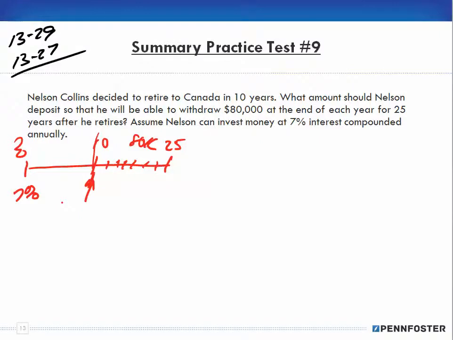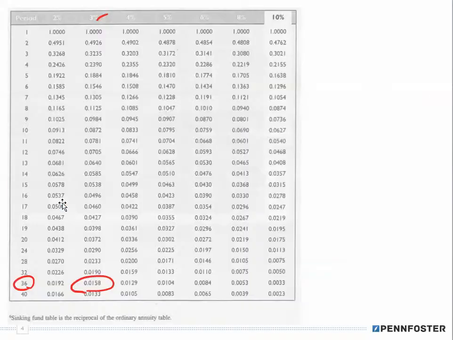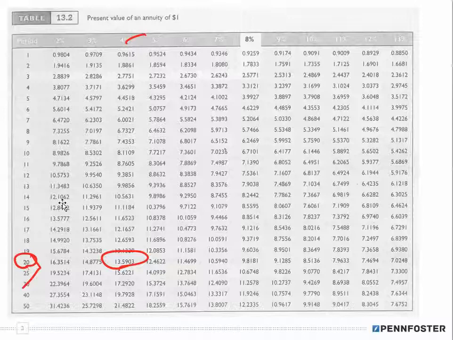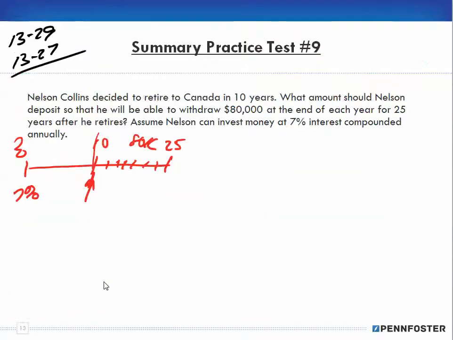Let me jump up and see. 7%, 25 periods, 11.6536. So the factor is 11.6536, and I'm multiplying that times 80,000.